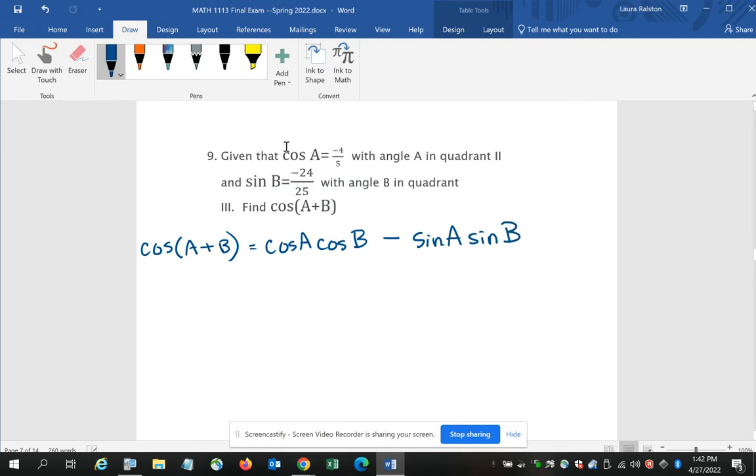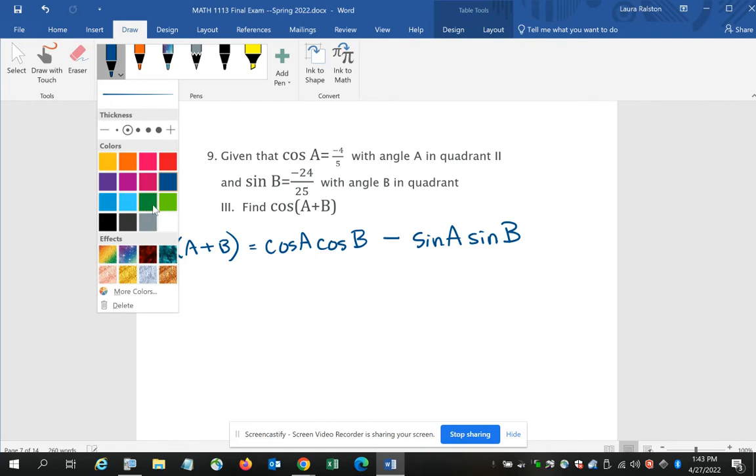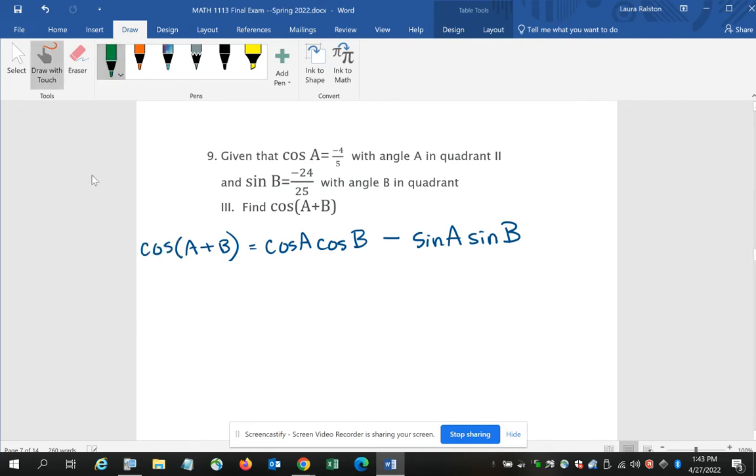But this is really a three-step problem, and we've talked about that before, because cosine A is given, sine B is given in the problem, but I need cosine B and sine A. So step 1, I'm going to find sine A, and I'm going to use the Pythagorean identity to do that.